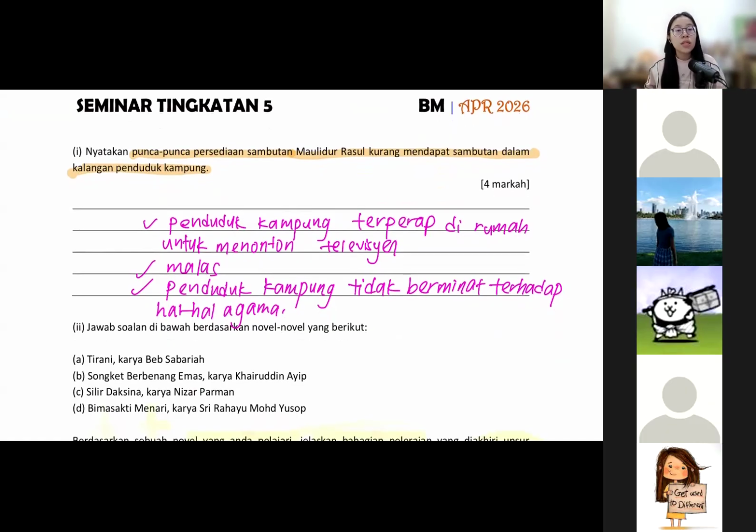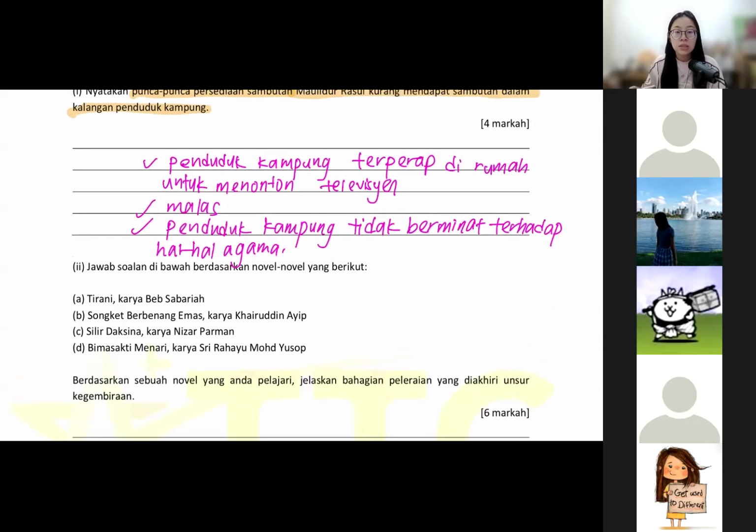Okay, now normally Form 5, some schools will give you Form 4 novel choices as well. Some schools only give Tirani choices, which is Form 5. Now, they are asking about a novel you studied, peleraian, which is the ending part. For a novel, I really don't recommend you memorize a lot because it's just 6 marks.